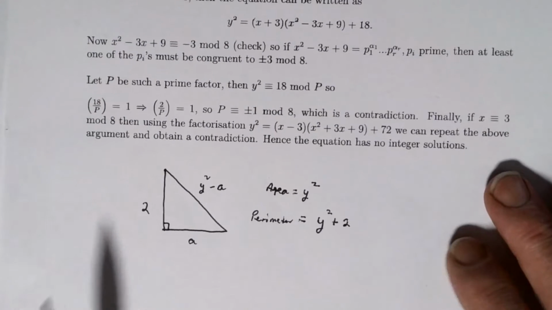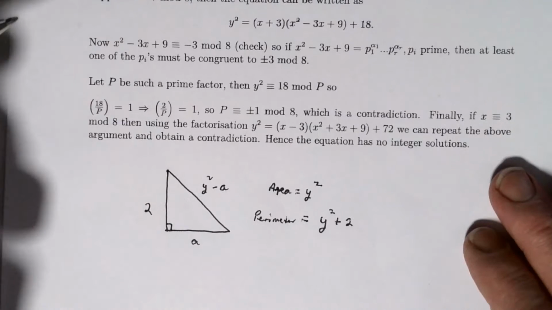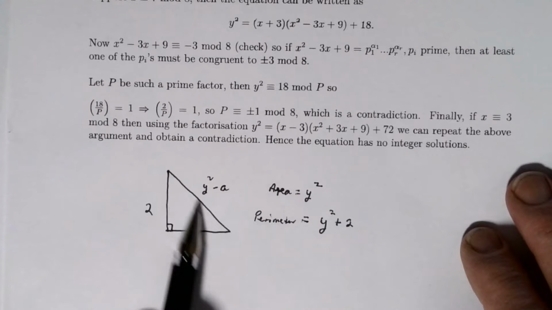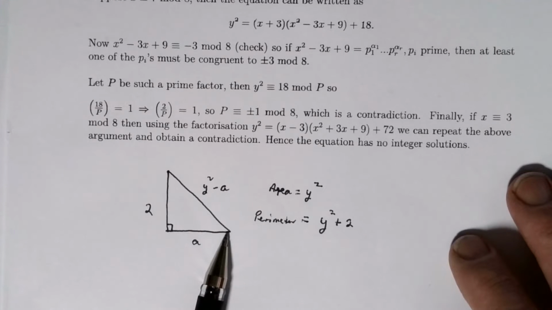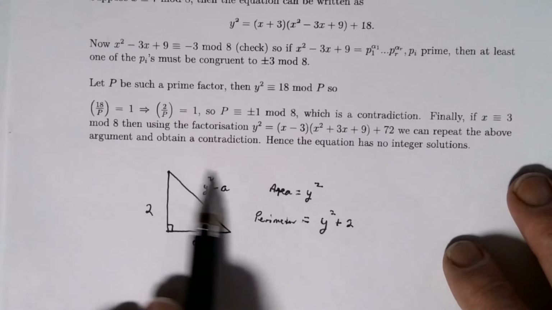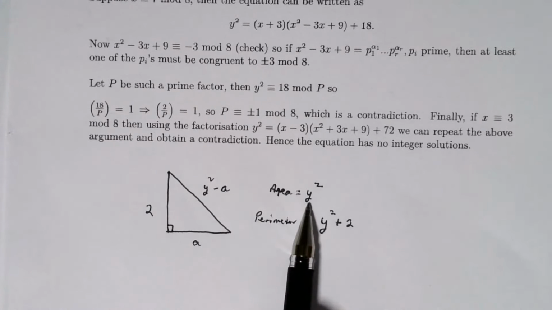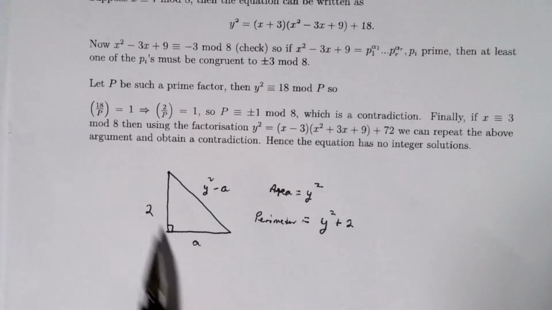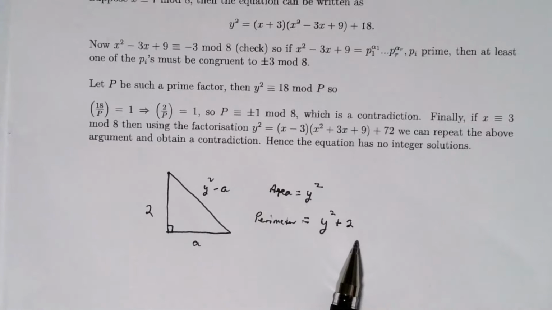It's quite clever because the area is then half the base times the height, which is a, and if you add that to the hypotenuse you just get y squared. The perimeter is y squared plus 2, because the a's cancel, and the point is you want this now to be a cube.